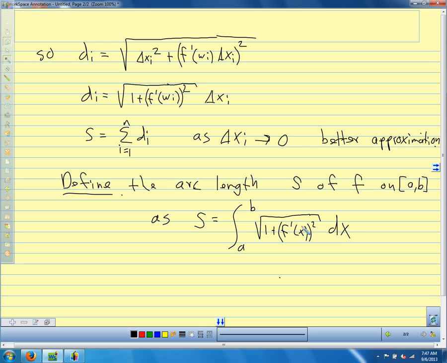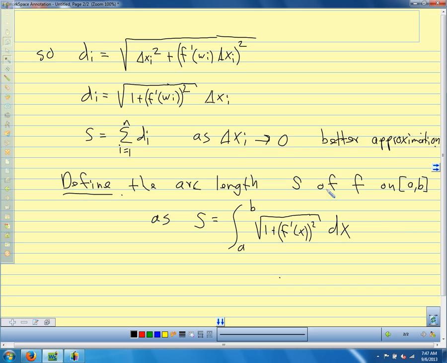So a lot of times arc length integrals are very messy. Depending on your function, 1 plus f prime squared can be kind of messy. You might not be able to take the square root in an easy way. So arc length integrals a lot of times are kind of ugly integrals. But they do lead to some nice techniques of integration in order to solve it.